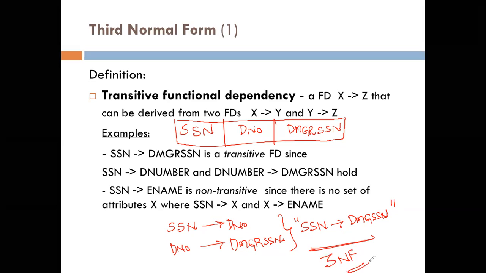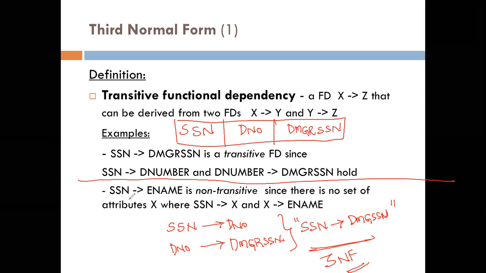So this kind of transitive dependency we must identify in third normal form. Third normal form is based on transitive functional dependency. If there are any transitive functional dependencies, then the table has to be decomposed, which means we will divide the table. Another example is where there is no transitive dependency.